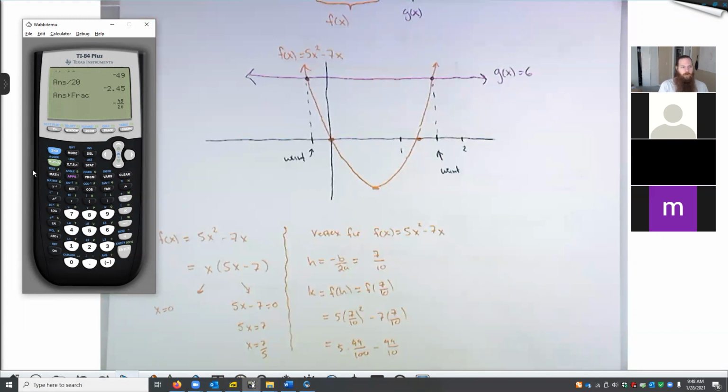You could throw this into your graphing calculator. Your graphing calculator is capable of showing you these things. So if I type in here 5x squared minus 7x for y1, and then I come down to y2 and I type 6, I can graph this.